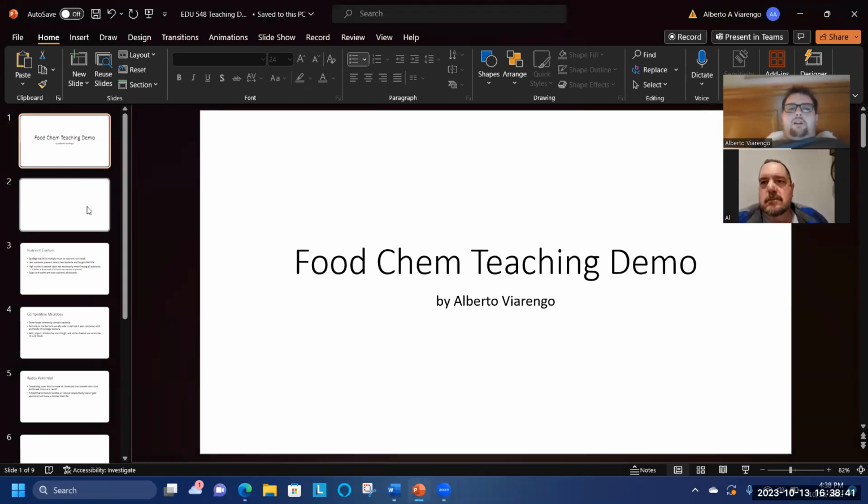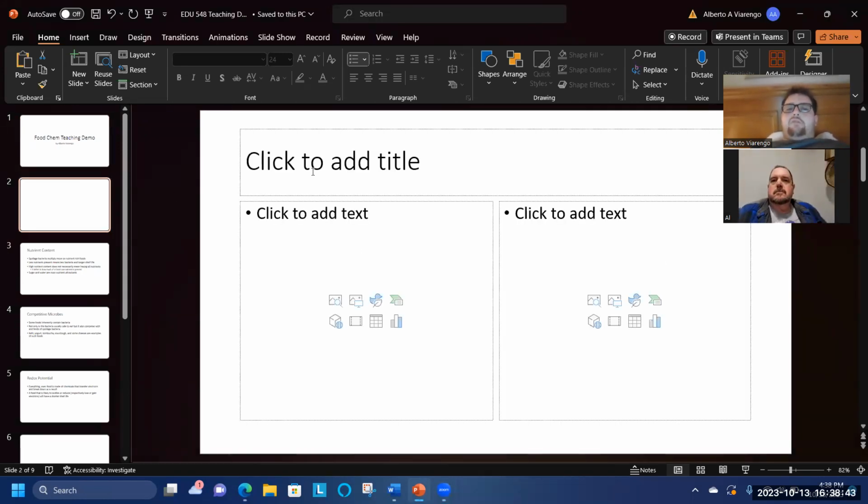Now, before I start, let me go here to this little blank slide and we're going to start with something. I want you to think of factors that affect food quality. And I want you to tell me about them or list them and describe them to me. What you believe is a factor of food quality. Flavor, appearance.